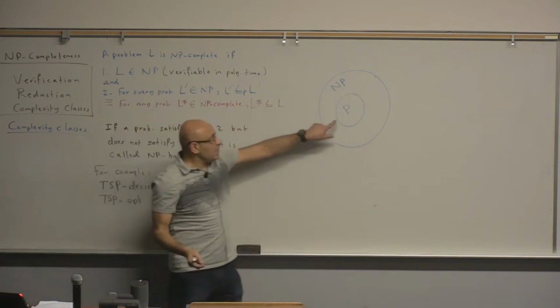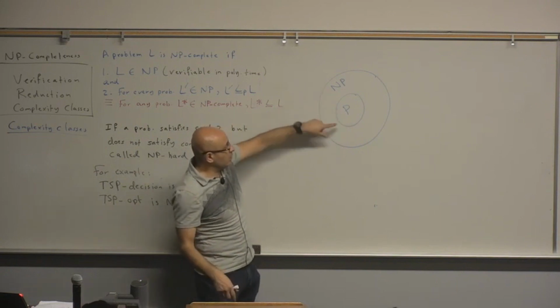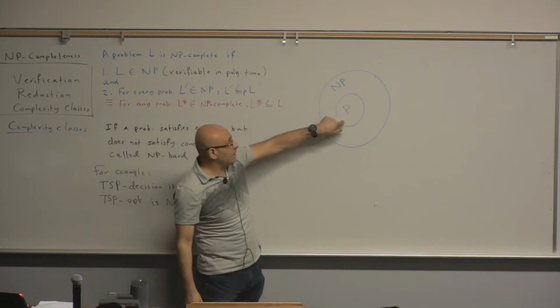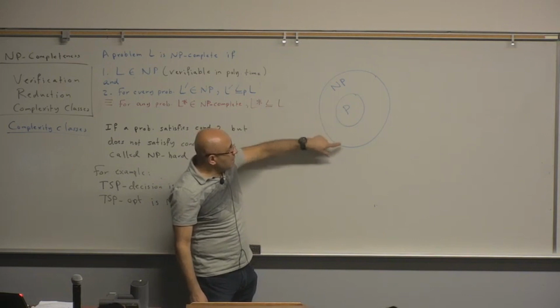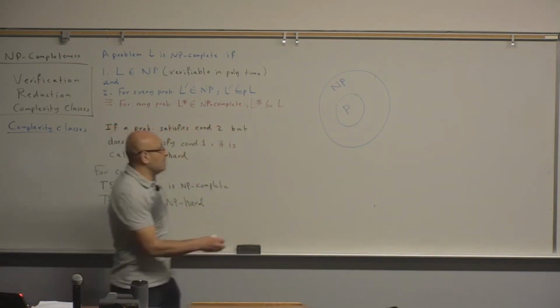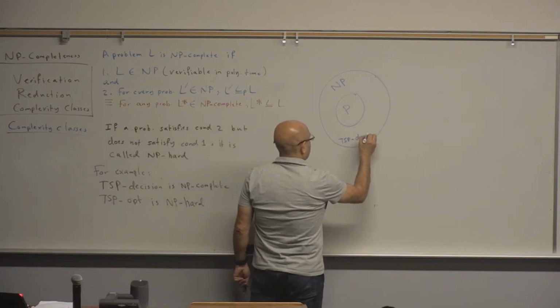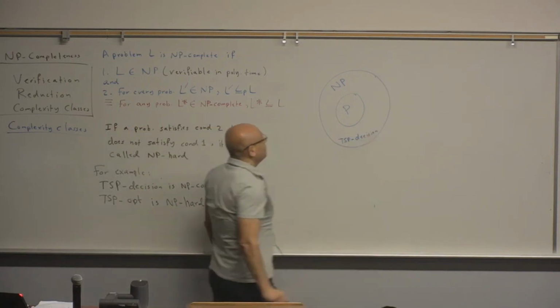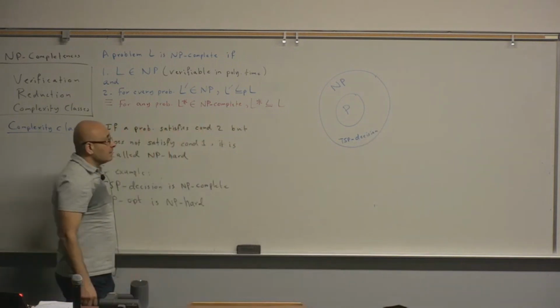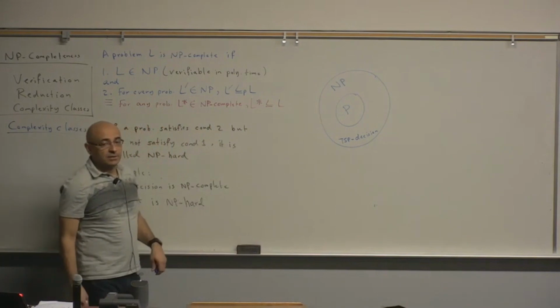Here in P you have the easy problems like sorting and single source shortest paths and all of those problems that can be solved in polynomial time. In NP you have the hardest problems, which are the NP-complete problems like TSP decision. But TSP optimization does not belong to NP. So it belongs to NP-hard. So it's not here.